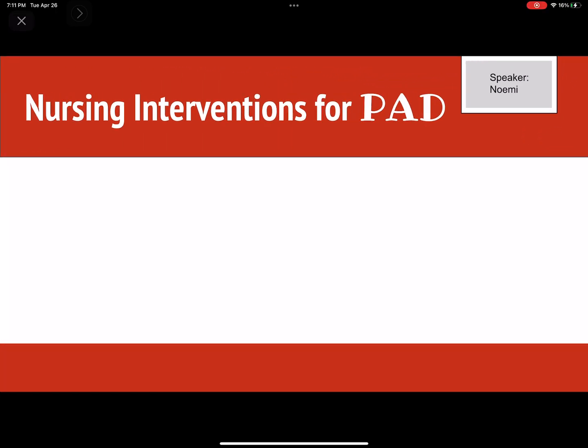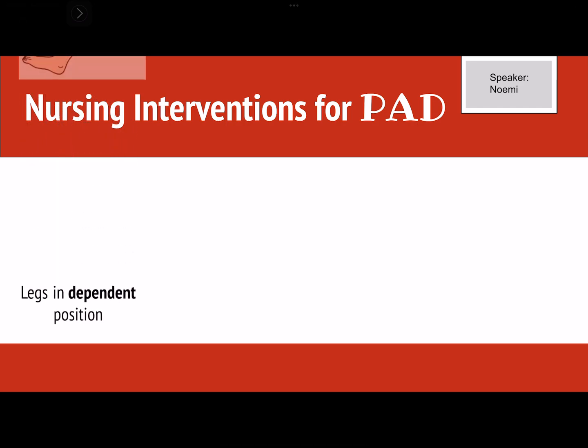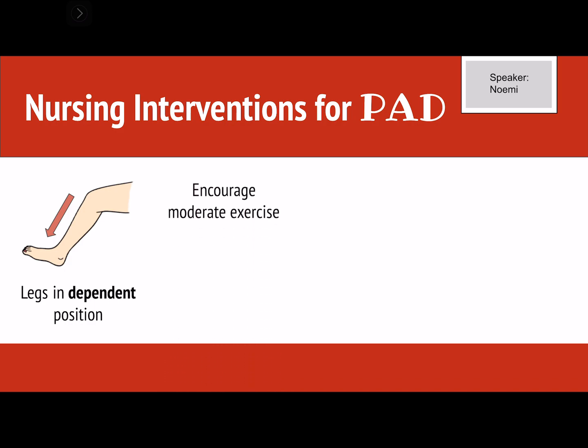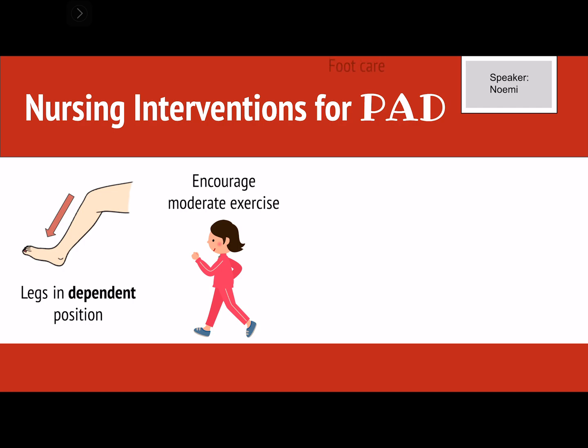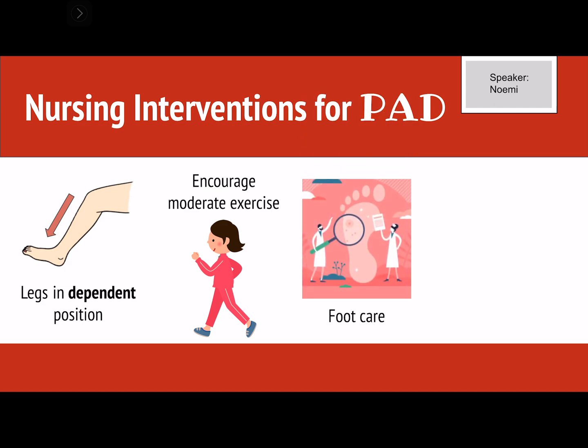Nursing interventions for PAD. In the case of peripheral arterial disease, it's recommended to lower and keep extremities below the level of the heart. This position promotes blood flow to the tissues. If not contraindicated, keep the muscles active, which also stimulates blood flow and develops collateral circulation. Remember, the tissues are not receiving blood flow and oxygen, which means they are susceptible to trauma, infection, and even amputation.